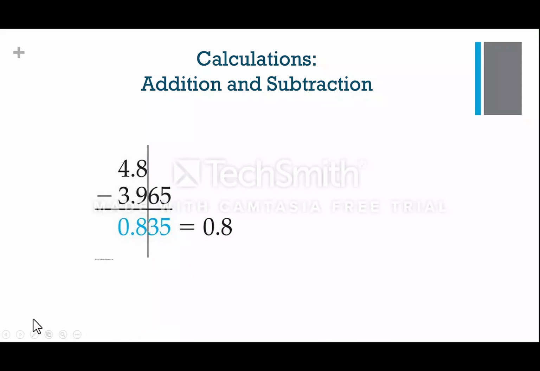All right, let's look at another example. Think about it, and then we'll talk about it. Here we have 3 numbers stacked one on top of each other. The first one has 3 decimal places.